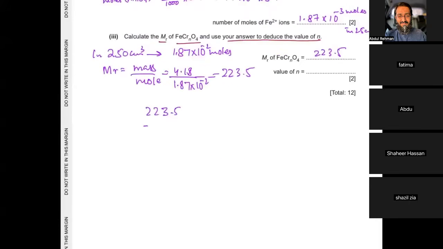So minus 55.8. Then there are four oxygen. So oxygen is 16, so 16 times 4. So it will give you the mass of n number of Cr. Can you subtract them and tell me the answer? It's 119.7.